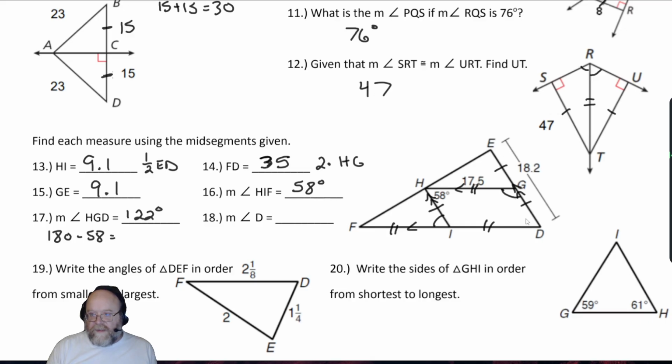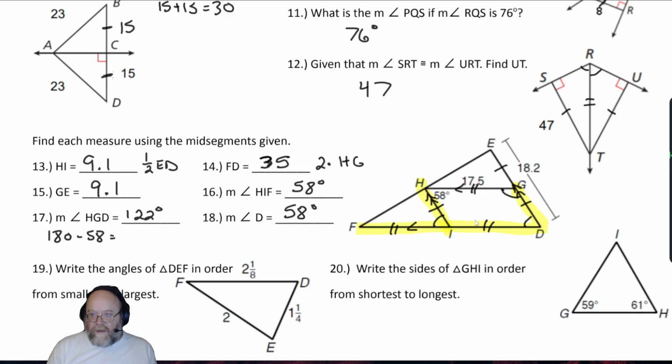What's the measurement of angle D? That's this one. Well, we know this is parallel to this. Guess what? They're congruent as well. So that's going to make this one 58 as well.